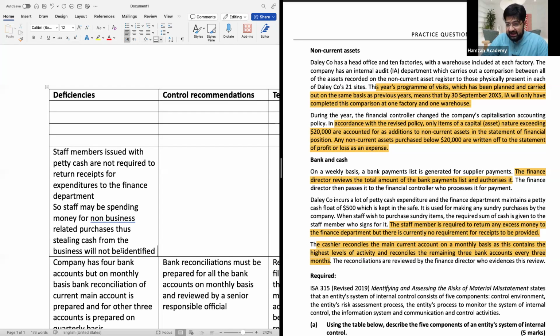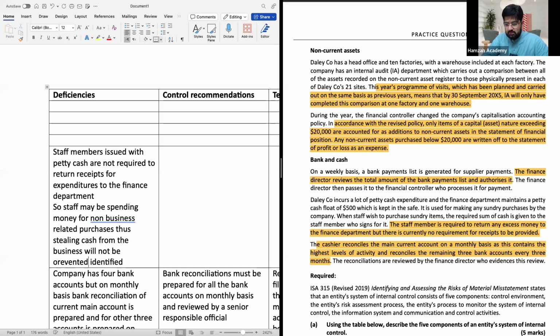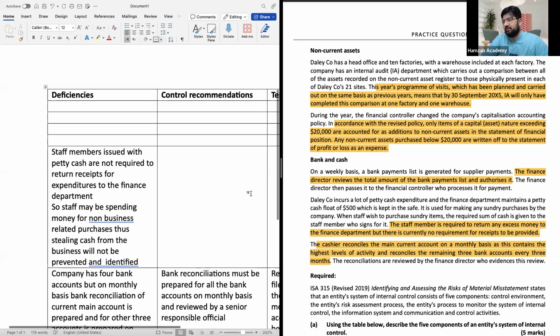First of all, prevent it, and when you ask them to provide receipts, it is identified. Both things are there.